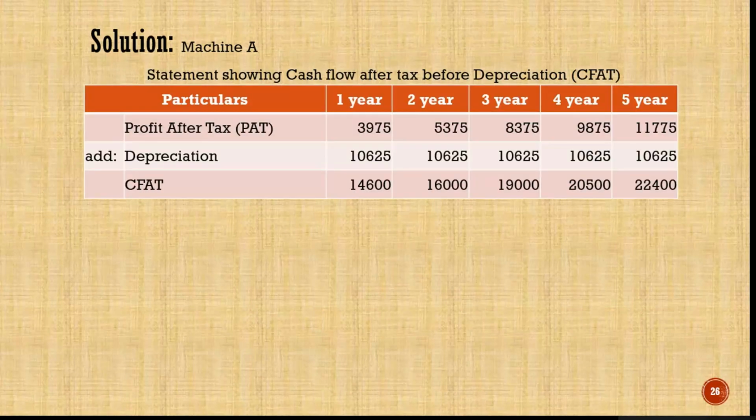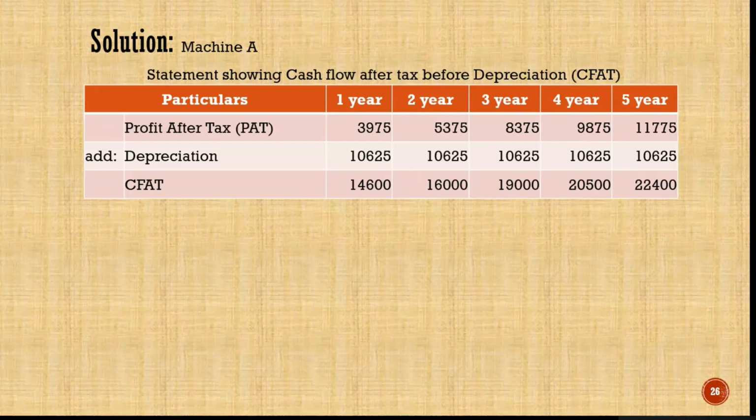You can see here, the statement started with profit after tax, 5 years information written, then add depreciation by using the formula of depreciation. The amount of depreciation arrived is 10,625.